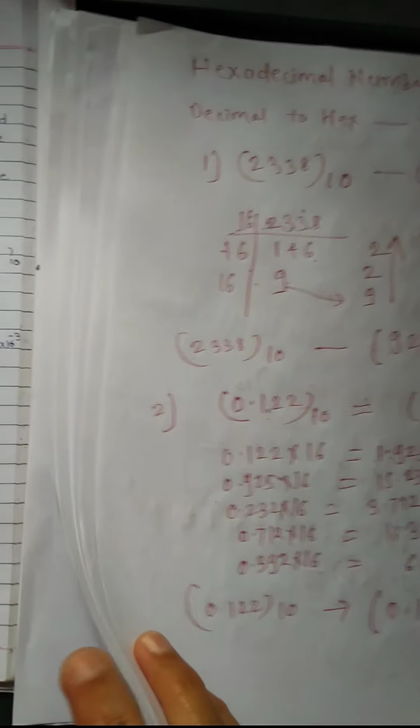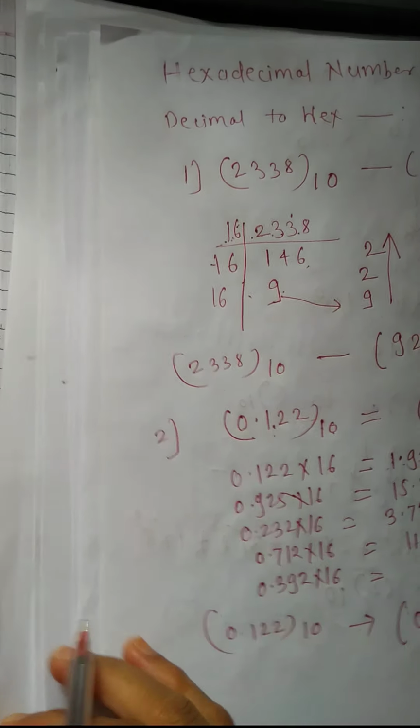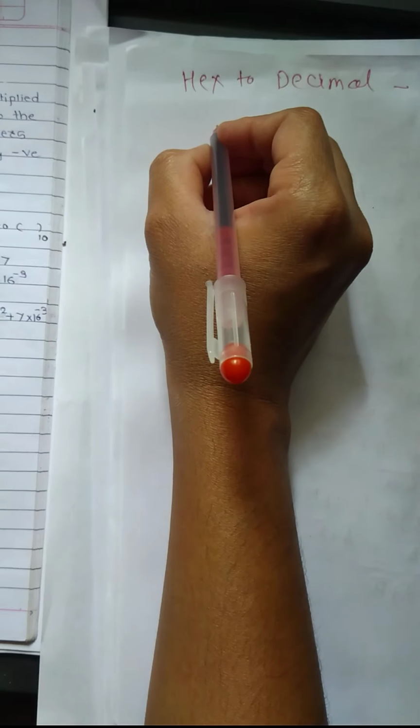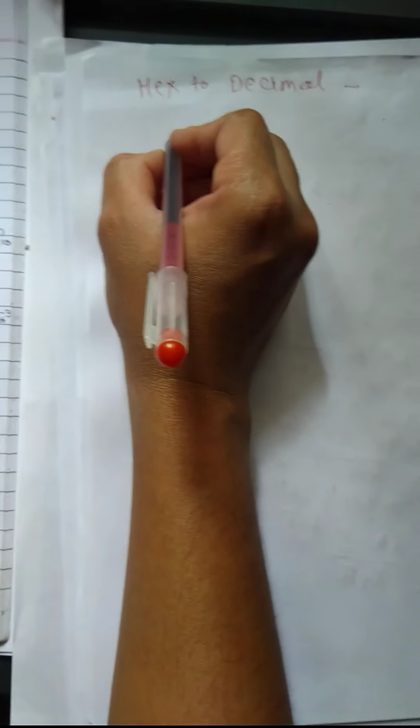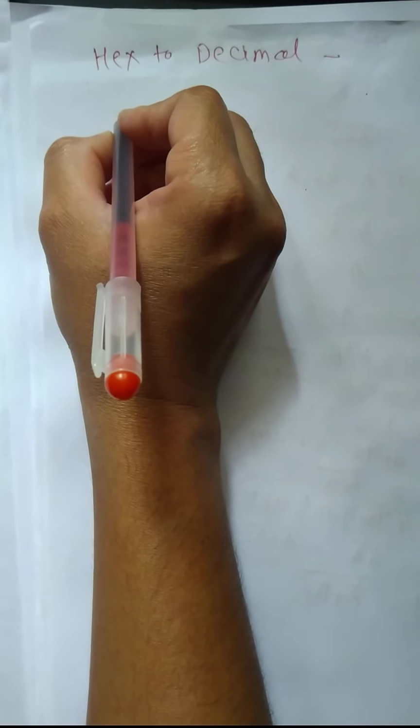Next conversion, hex to decimal. In this hex to decimal conversion, the hex number is multiplied in terms of powers of 16.